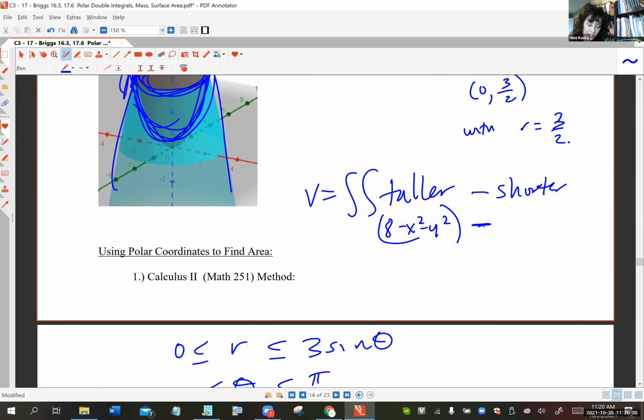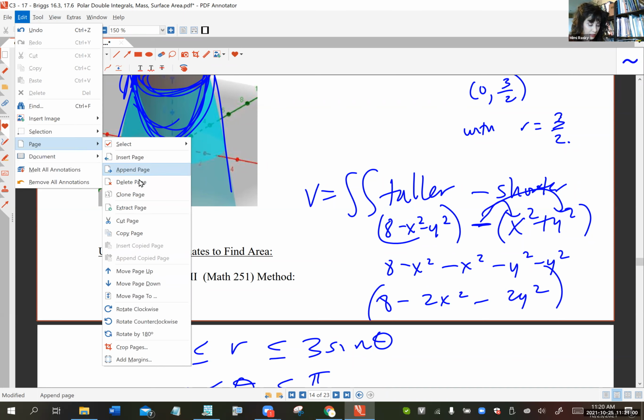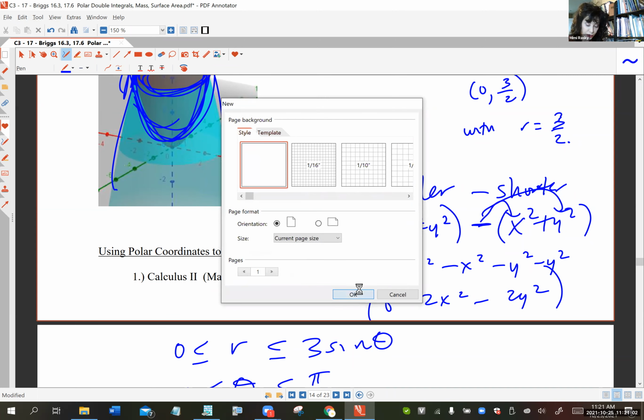And we subtract from that the bottom surface, which was the upward facing paraboloid. And yes, you're going to have to distribute the negative here and do some cleanup. So you're going to have 8 minus x squared, then another minus x squared minus y squared minus y squared. So you're really going to have to worry about your integrand being 8 minus 2x squared minus 2y squared. Oh my goodness, are you kidding me? No, I'm not.